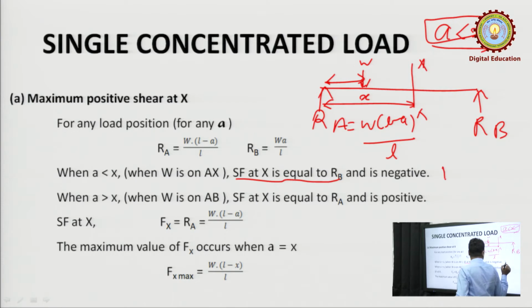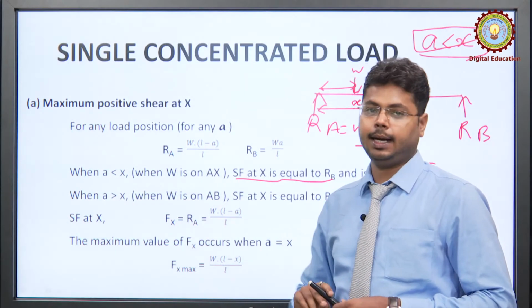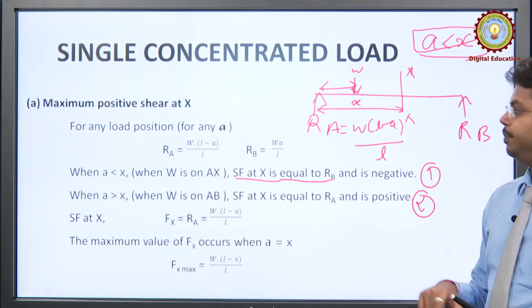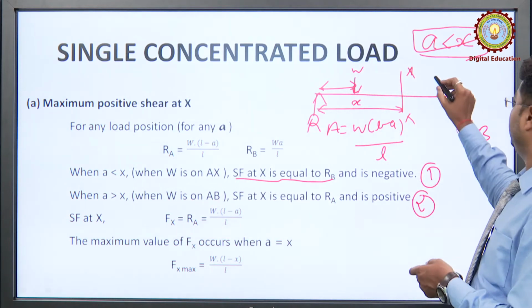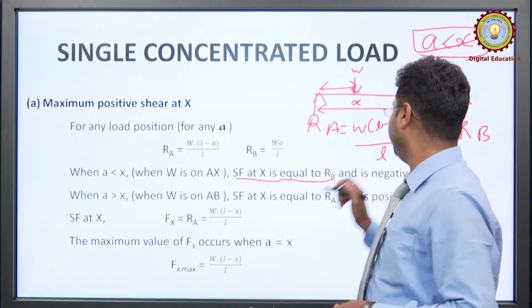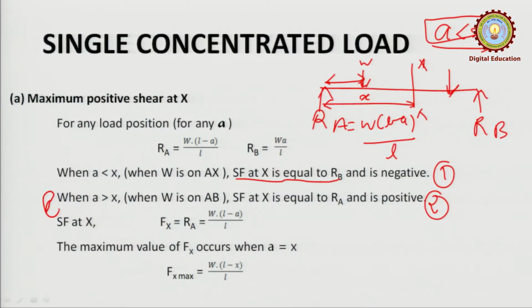And that is the first point. The second point is when A is greater than X. If A is greater than X, at that time the load will be on the AB portion.